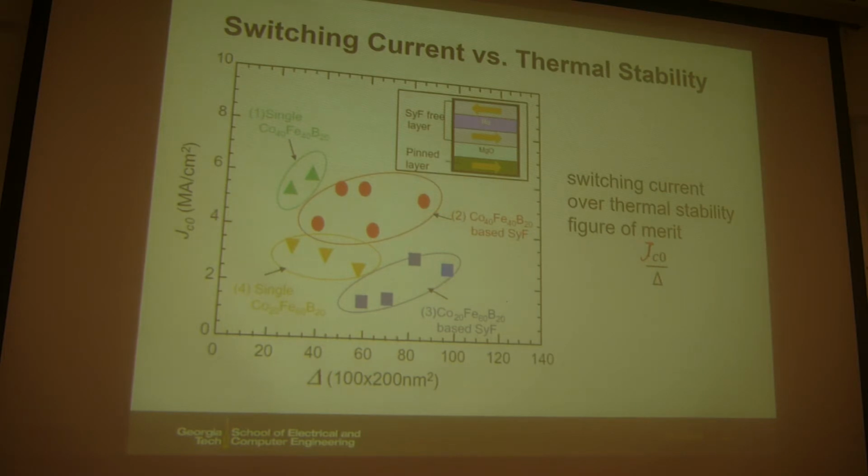If you want high thermal stability, then the write current density is also high, because the barrier is high. So this is a general trade-off. Of course, you can change the composition of your magnetic material and tune this a little bit, but overall you will have this trade-off fundamentally.